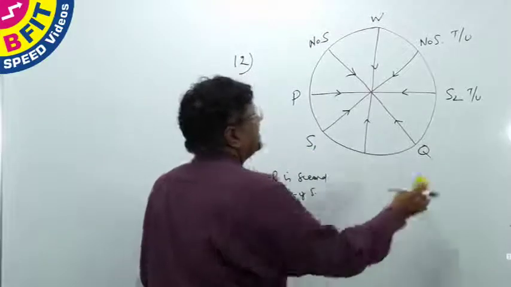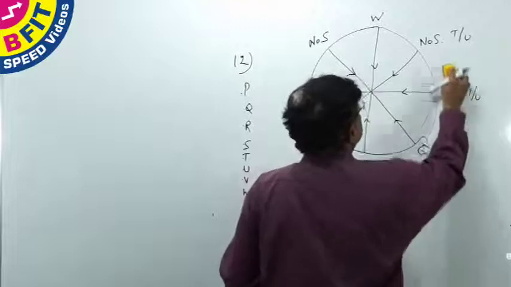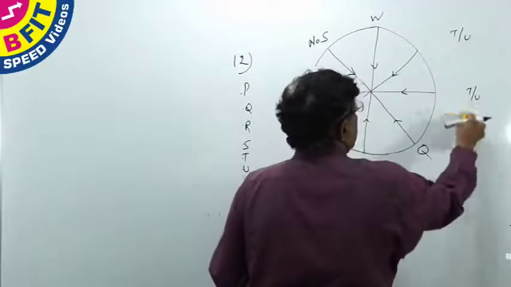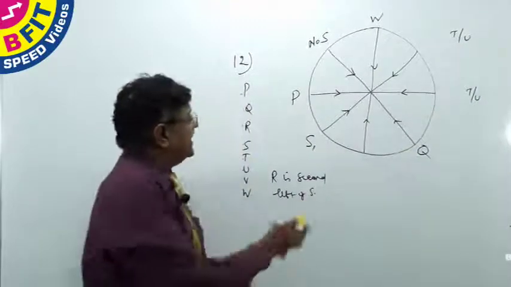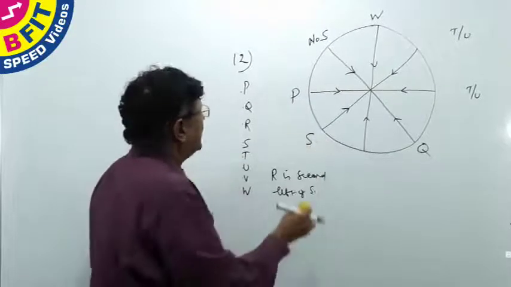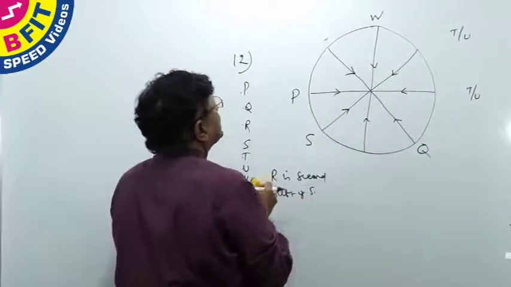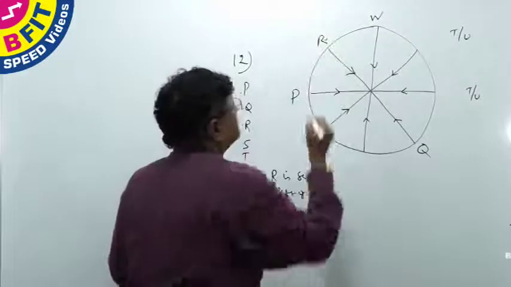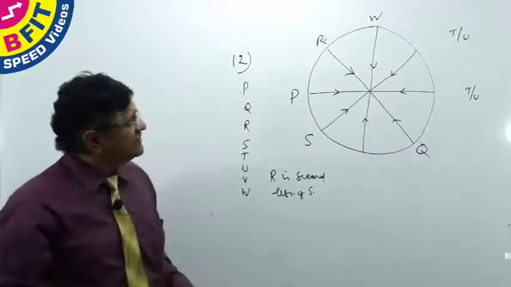T and U have to sit here only. Either T or U, they have to sit here, and S must sit here, and if S sits here, R has to sit here. This is how the puzzle falls in.